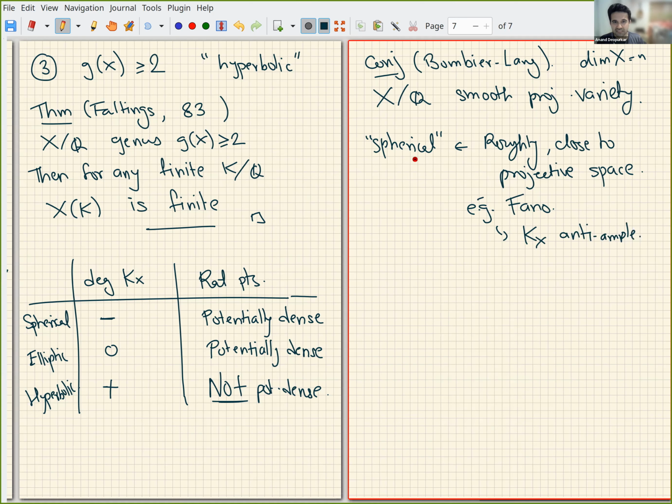In these cases, we expect conjecturally, I think this conjecture is Campana's conjecture, the set of rational points. So there should exist a finite field extension so that the rational points are Zariski dense.